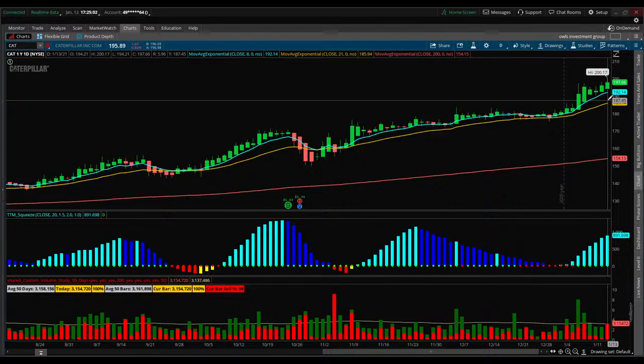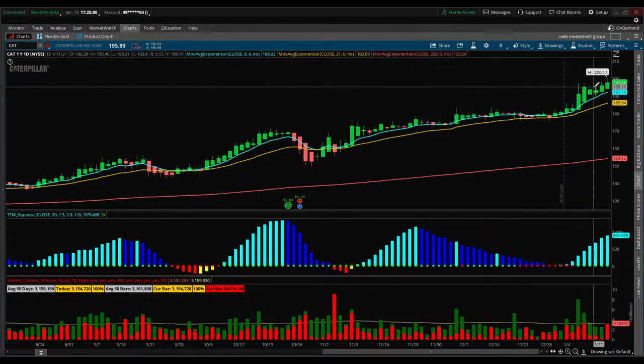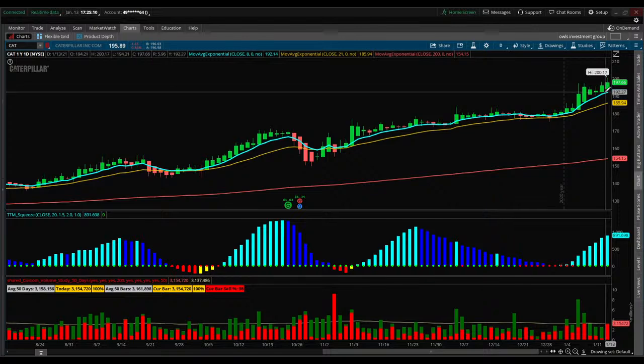Now, there's a difference between options and stock. Let's say you have CAT, and CAT is still above the 8 moving average. If you have stock and CAT goes to the 186 range, you're fine. First of all, it's stock, you have no risk.